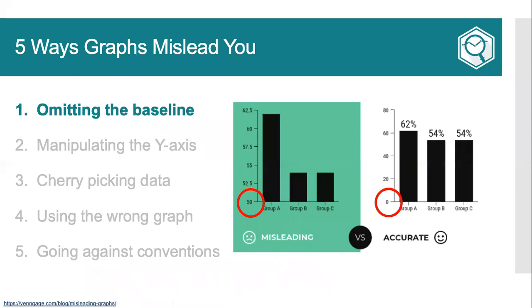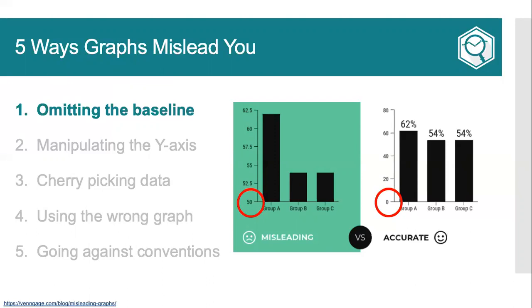Let's look at 5 ways that graphs mislead people and tell maybe inaccurate stories about data. The first one is by omitting the baseline. In most cases, the baseline for a graph is 0, but writers can skew how data is perceived by making the baseline a different number.